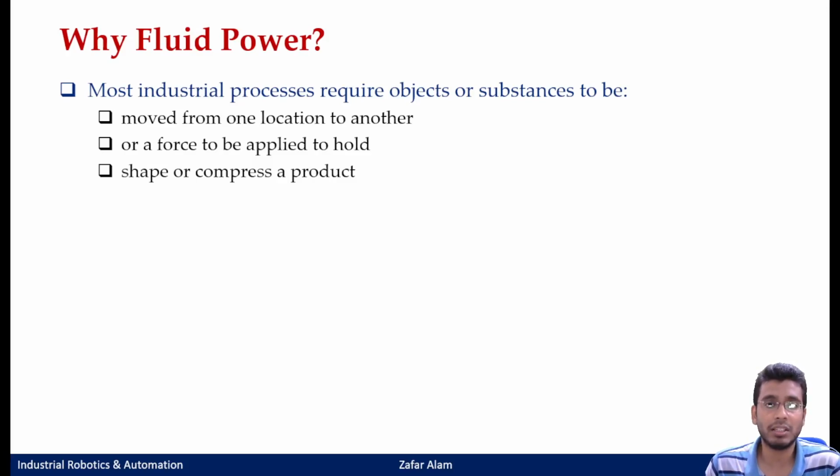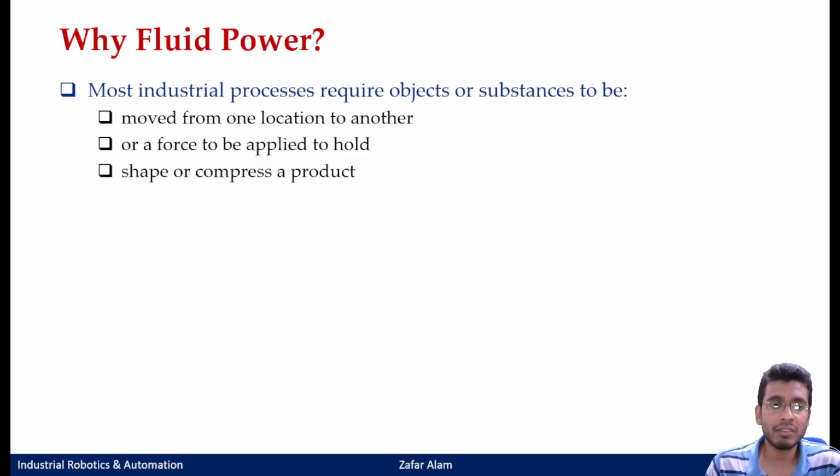To be specific, if I give you an example, you have a drilling operation, you require your workpiece to be clamped. So there can be a certain force pressing the workpiece before the drilling operation is done. And then again, you have your different forging and pressing applications where you shape or compress a product to a desired configuration.